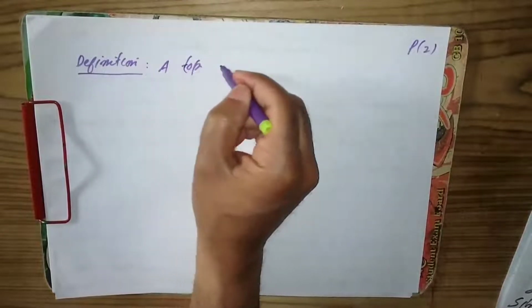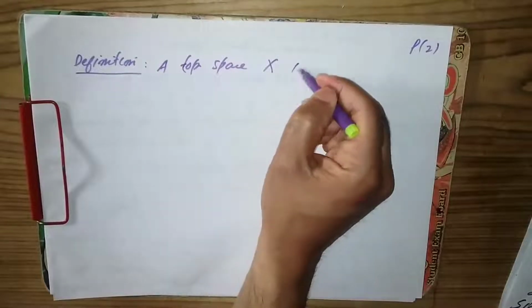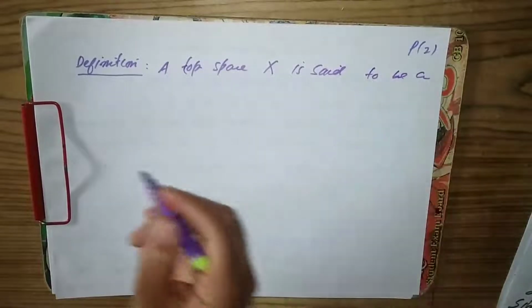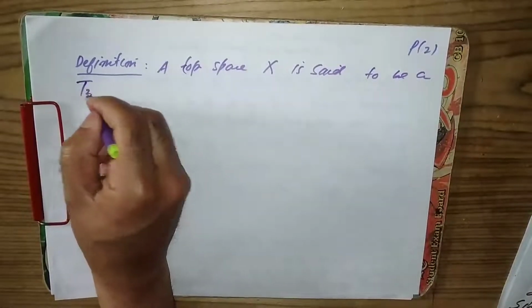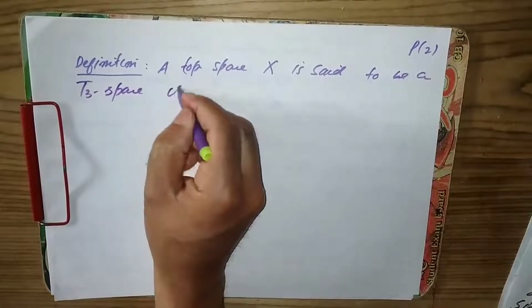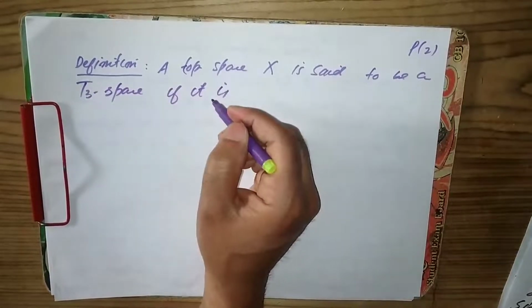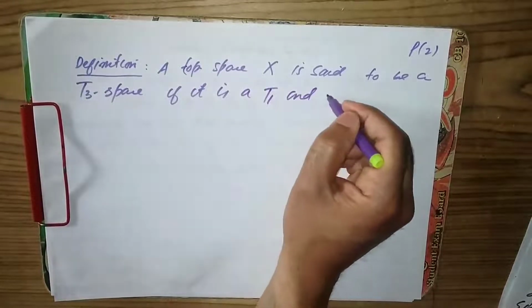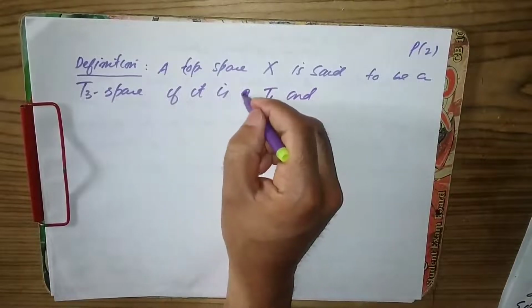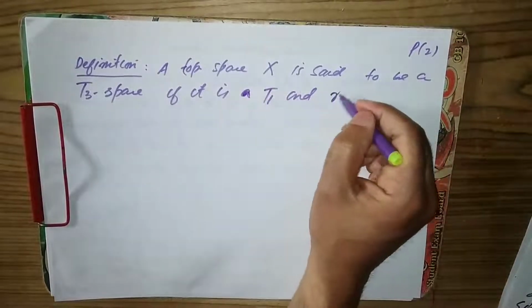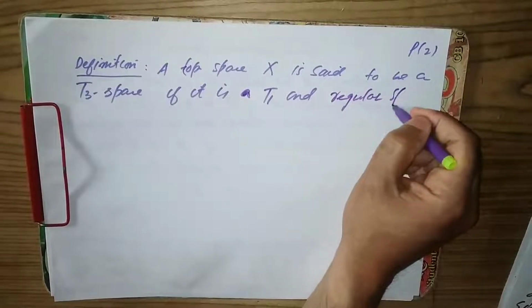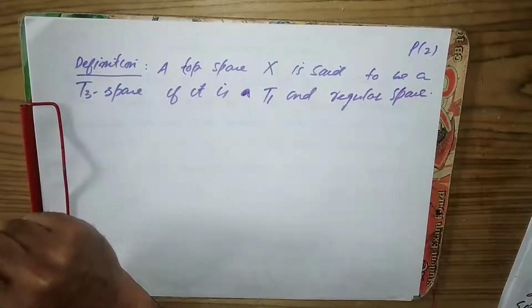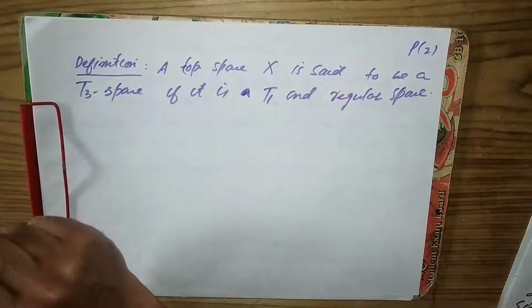A topological space X is said to be a T3 space if it is both a T1 as well as a regular space.